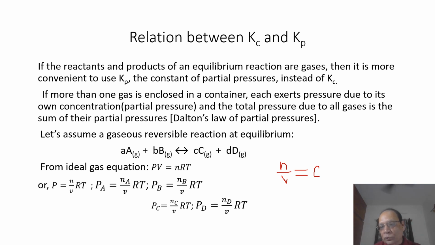Temperature of the system is common for all gases, and therefore we have PA equals nA by V, which is the volume of the total system, into gas constant R multiplied with T, and so on with PC and PD.